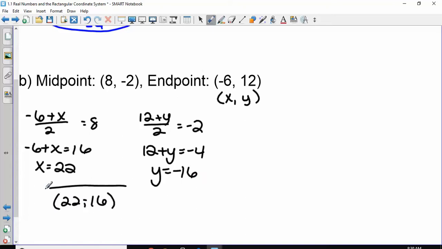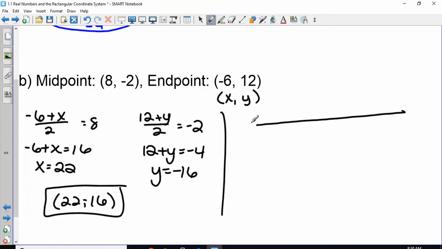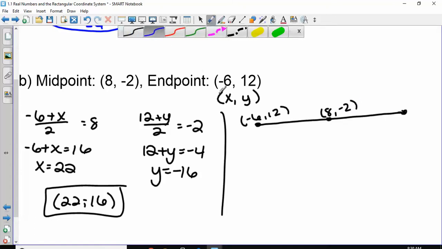The second option, we kind of reason through it. We're starting at negative 6, 12. The middle is 8, negative 2. How do we get to the end? So to get from negative 6 to 8, what do you add?